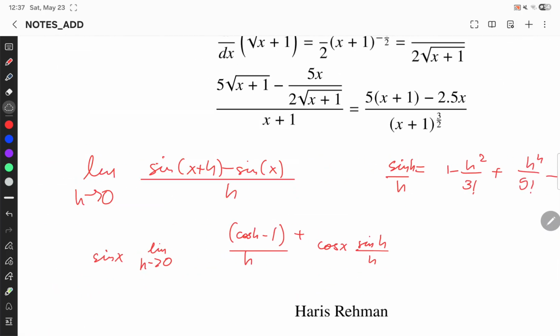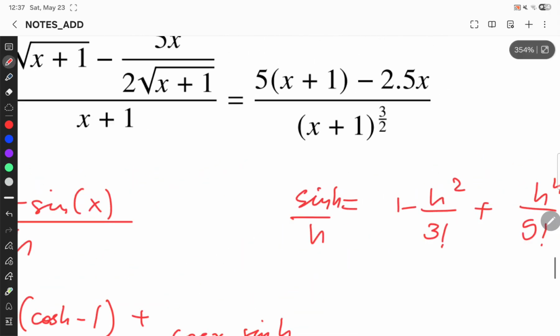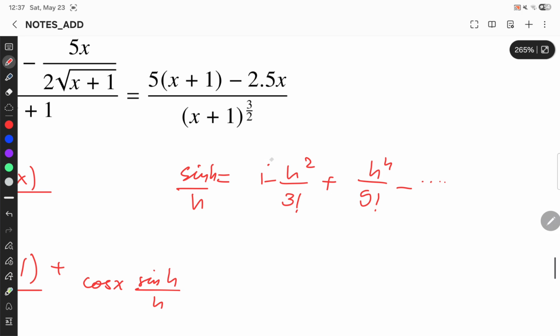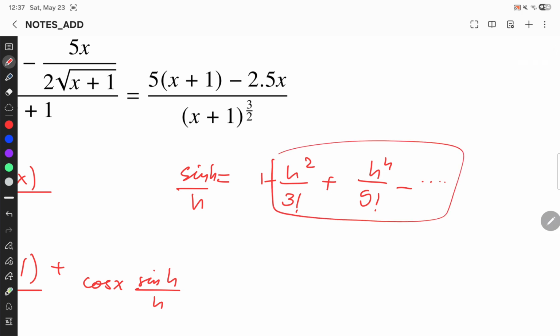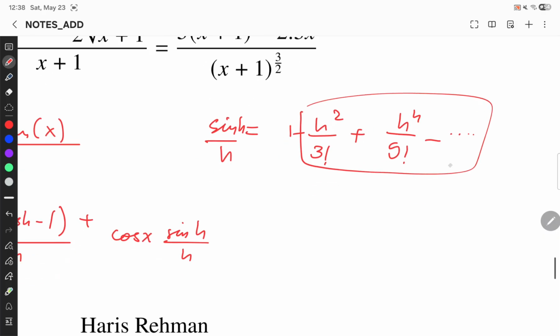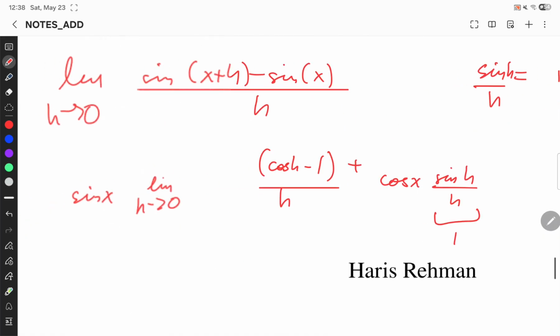What do we get? These terms all collapse. These terms become 0 because h approaches 0. What are we left with? We're left with this 1. 1 isn't governed by h, so it is equal to 1.